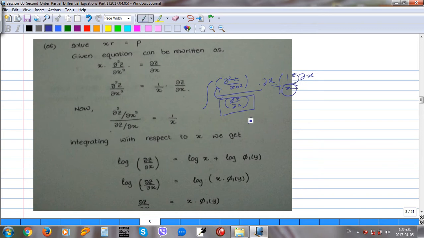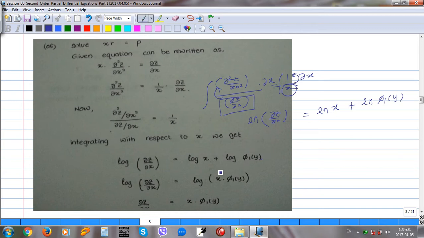It means that you can write ln of ∂z over ∂x equals ln x plus another constant, which I can also write as ln phi 1 y, right?